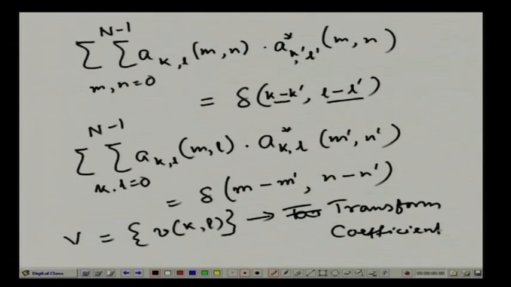So, we find that in this particular case, any arbitrary image is represented by a series summation of a set of basis images or set of unitary matrices. Now, if we take all the coefficients, the coefficient size is the same as the original image size, that is, if we have an n by n image, our coefficient matrix will also be n by n.